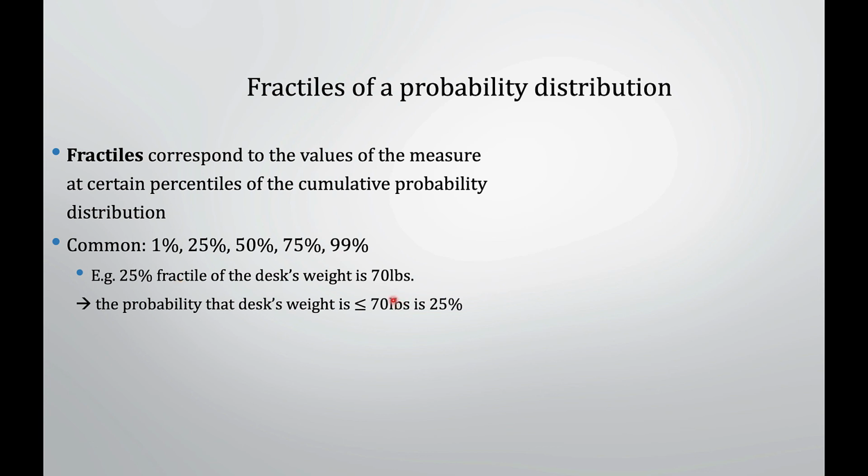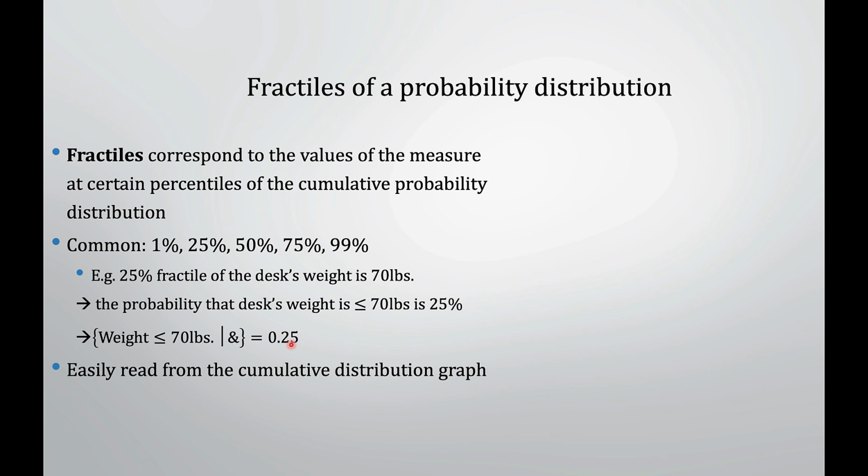That is, the weight being less or equal to 70 pounds rather than greater or equal to. Okay. And also you can represent this with the notation that we learned in this class. The weight less or equal to 70 pounds, the subjective probability of that is equal to 0.25, that is 25%.